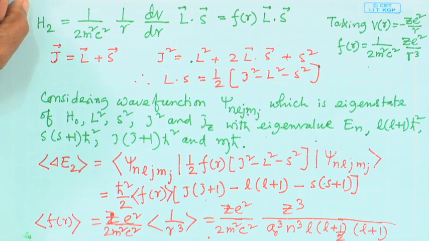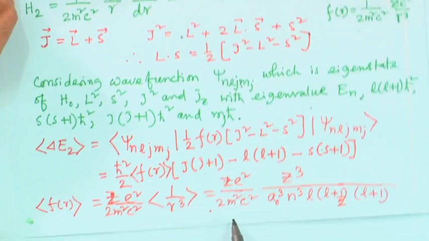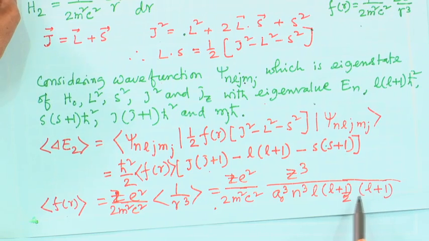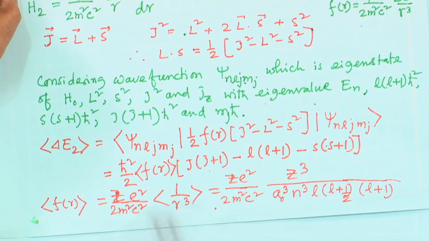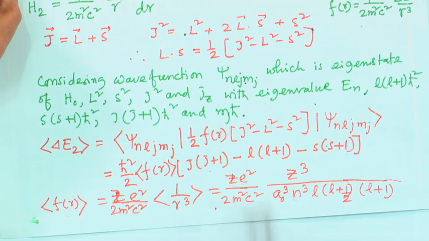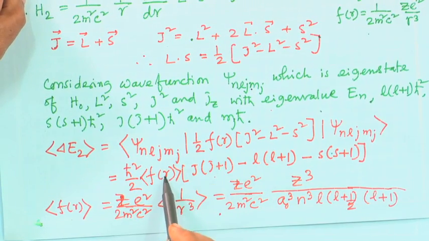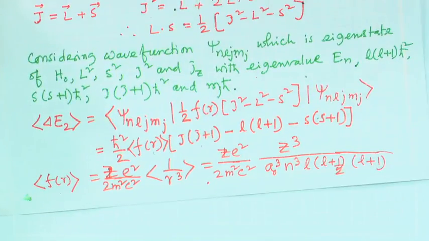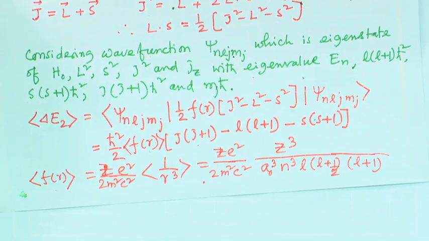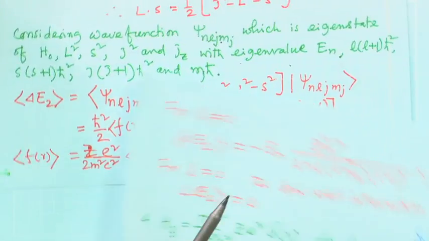If you put that expectation value in here, ultimately you will get this correction term ΔE2.